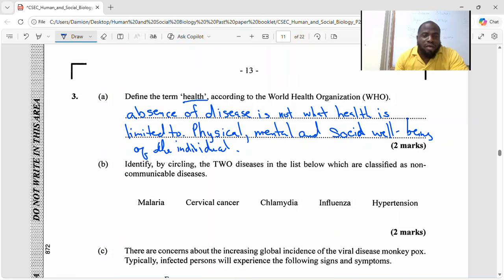So someone not having a disease doesn't mean that they're healthy. You have to look at the social, the mental, and the physical well-being of that individual. And then you can say that that person is healthy. As you know, mental health has been on the rise in the Caribbean in terms of its importance.